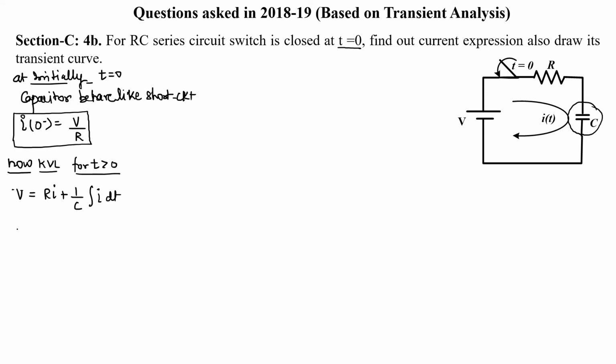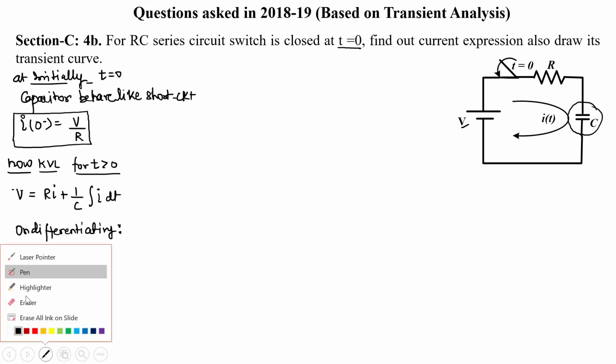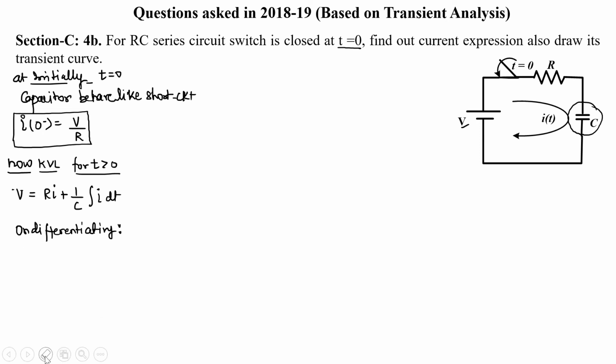Okay, on differentiating, we will get, what about this DC source? So we will get 0 equals the derivative of R into i, it is R di by dt.